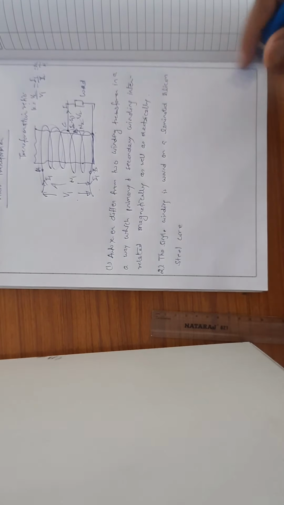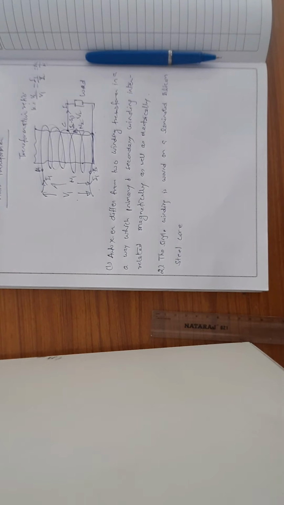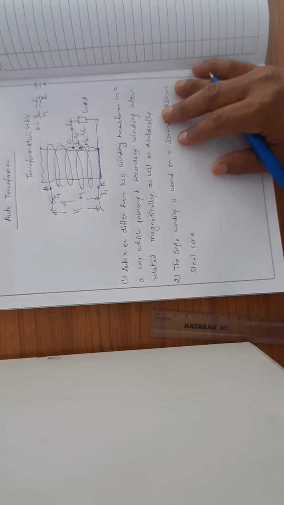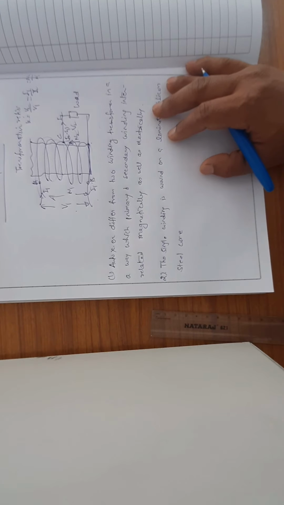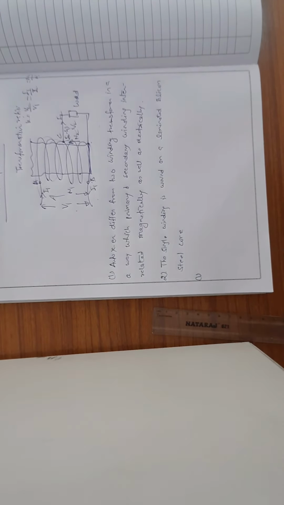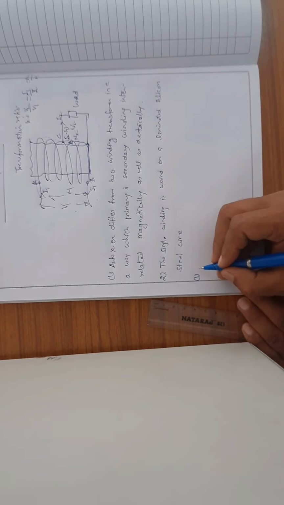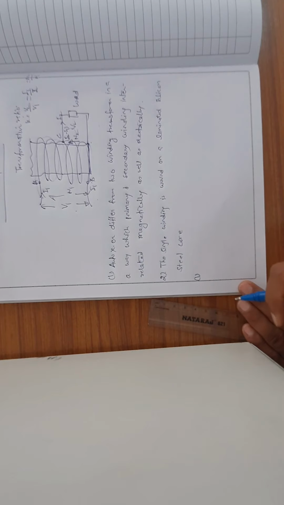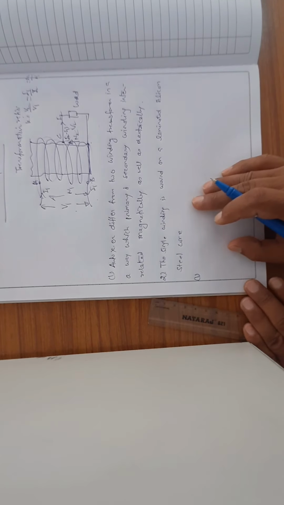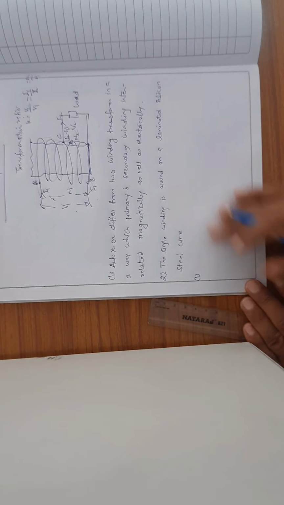Okay, this is the auto transformer, and the auto transformer is of two types: step up and step down. Let us take one example. The example is based upon the equivalent resistance and reactance referred to the primary side and secondary side.